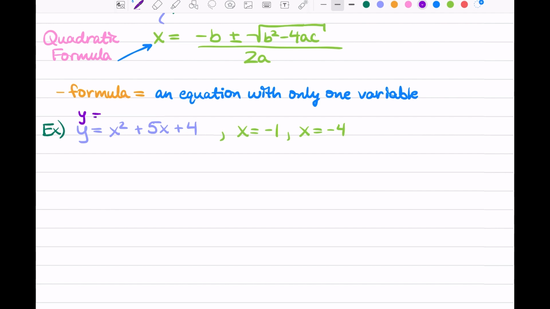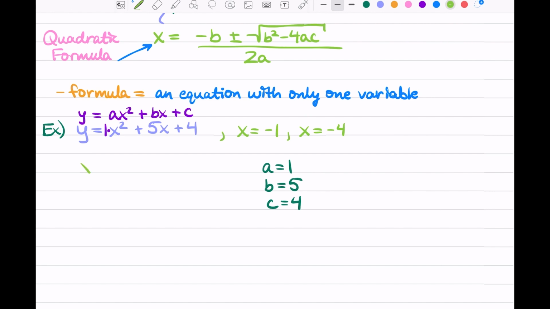So we have y equals ax squared plus bx plus c. Remember, we have our implied 1 in front of the x squared. So we see that our a is 1, our b is 5, and our c is 4. Now we just need to plug these values into the quadratic formula.